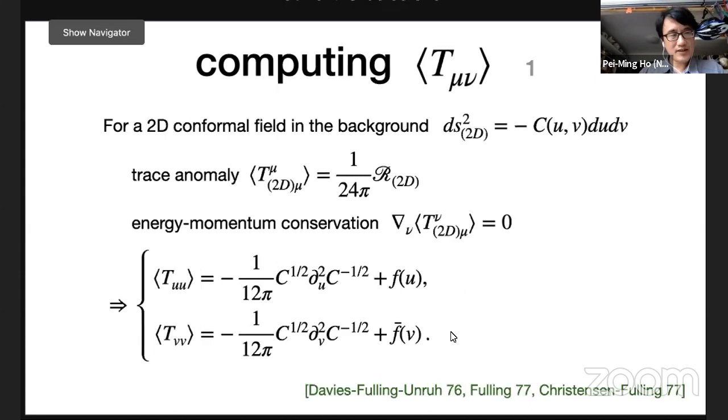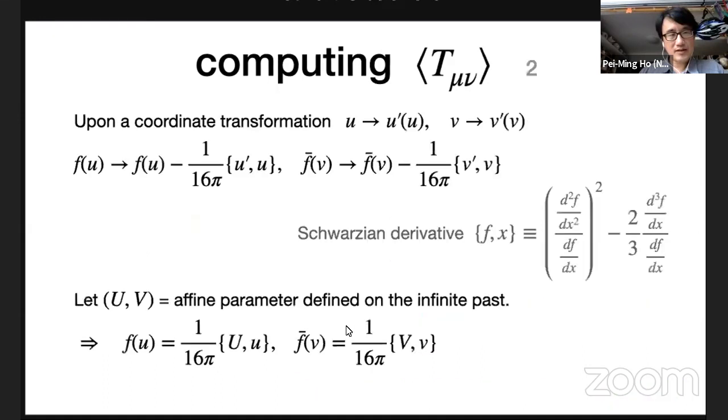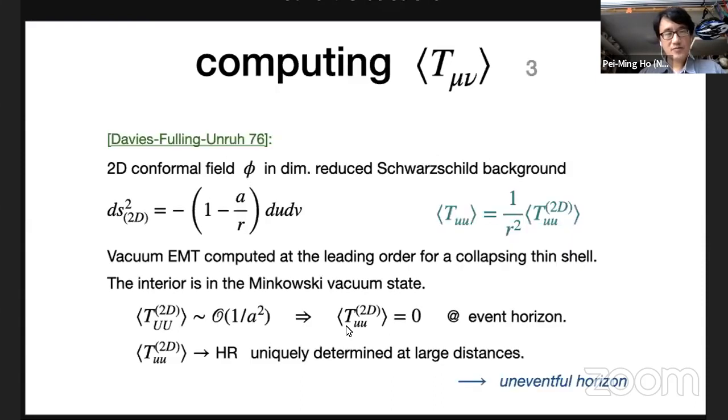For different boundary conditions, you fix the functions f and f bar, and that fixes the energy momentum tensor. Or you can think of it as a problem of initial state and time evolution. For the Unruh vacuum, we have the initial state of a Minkowski vacuum in the infinite past, when the collapsing matter is still scattered around the whole universe, so the curvature is 0.